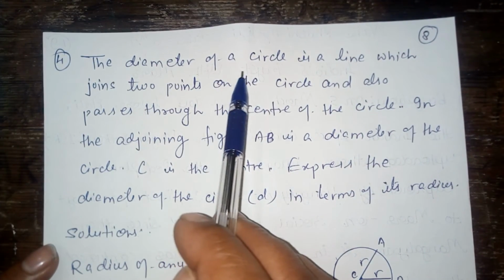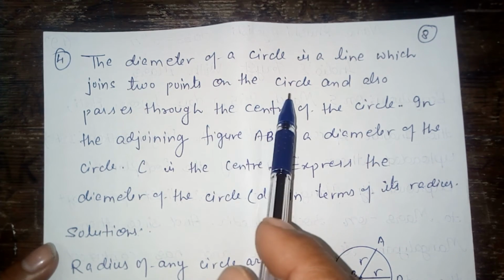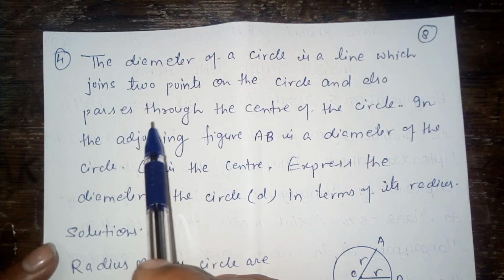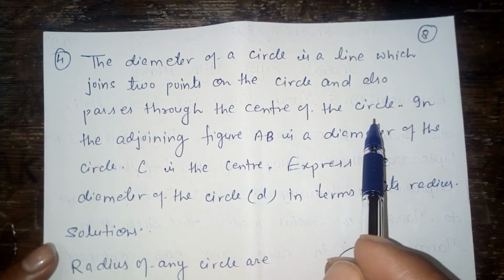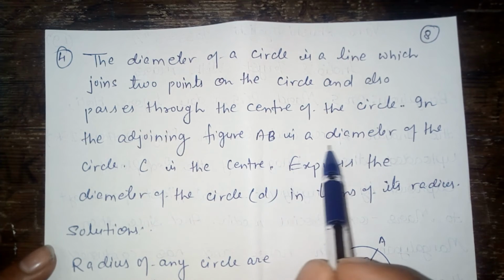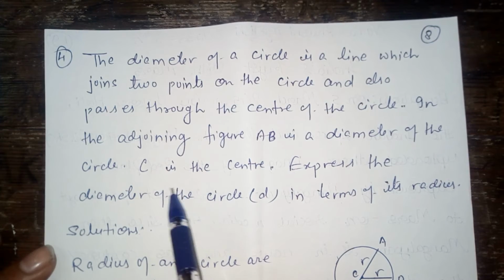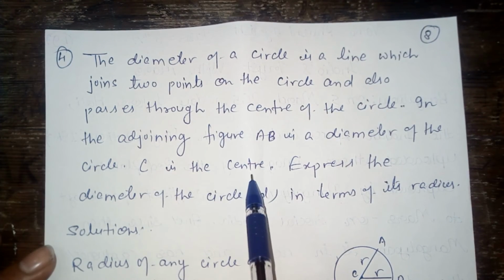The diameter of a circle is a line which joins 2 points on the circle and also passes through the center of the circle. In the adjoining figure, AB is a diameter of the circle, C is the center.